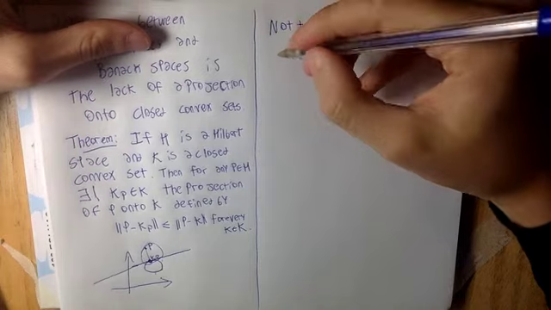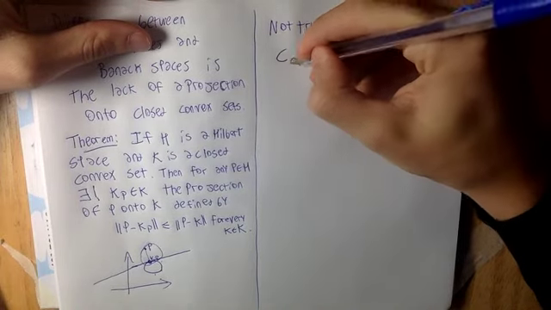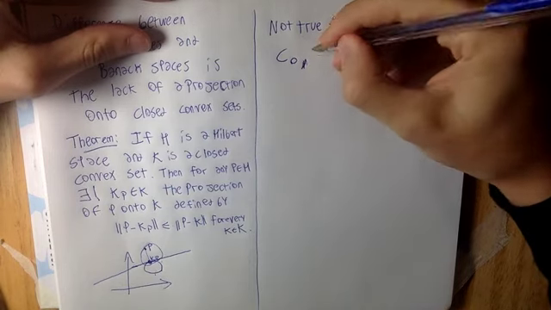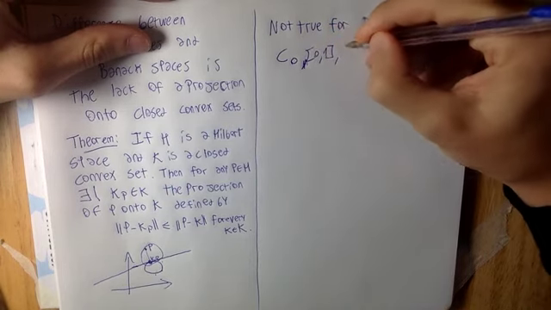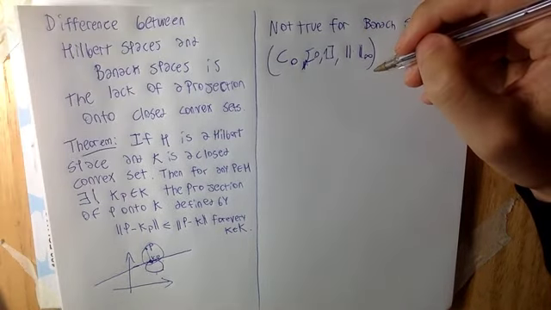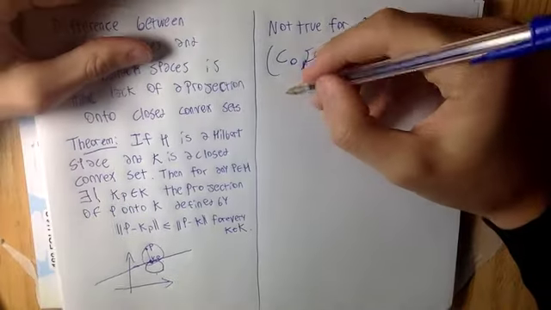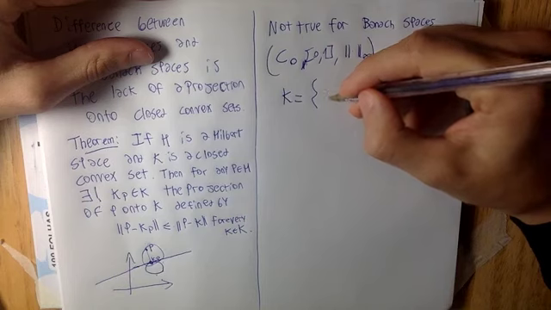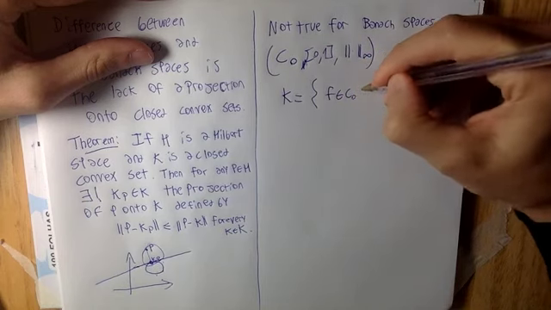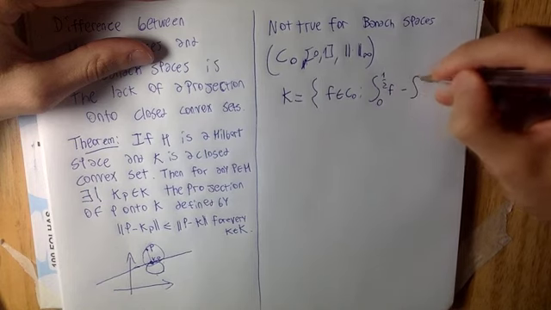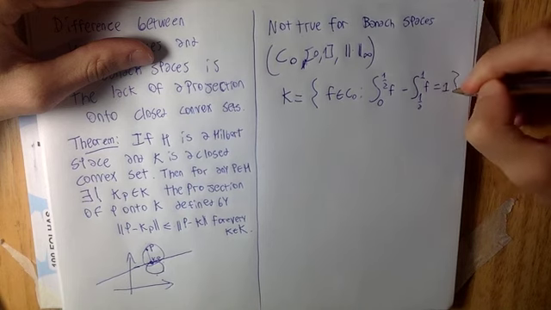Let's take an example to show this. Let's take C0 of 0, 1 with the infinity norm. And we take K to be the convex set given by f in C0 such that the integral from 0 to 1/2 of f minus the integral from 1/2 to 1 of f is equal to 1.